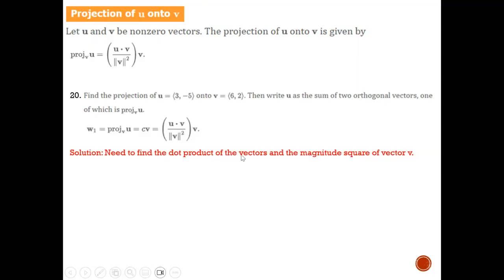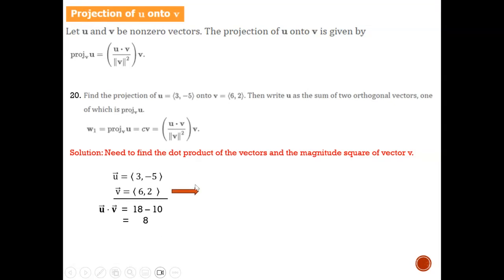So we need to find the dot product of the vectors and the magnitude squared of vector v. Vector u is 3, -5, and vector v is 6, 2. Again, for the dot product, we're going to use the observation. So 3 times 6 is 18, plus -5 times 2 gives us -10. So 18 minus 10 gives us 8.